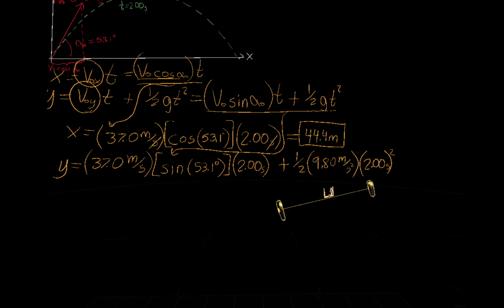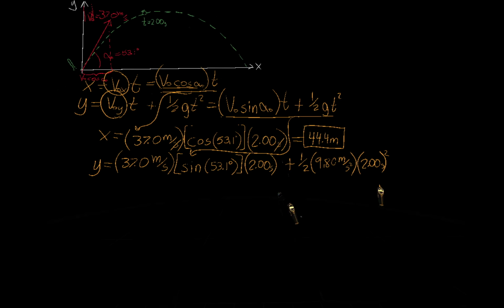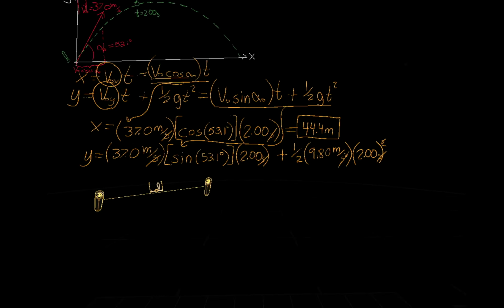Is this going to get us distance? Is this going to get us meters? Well, we have 2 seconds in the numerator, and seconds squared in the denominator there. And here we have seconds in the numerator, seconds in the denominator, same as before, so yes, it does.